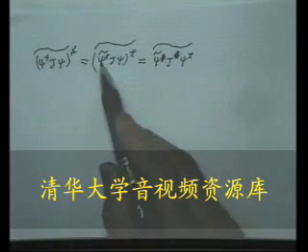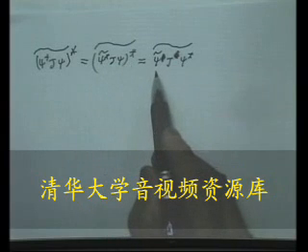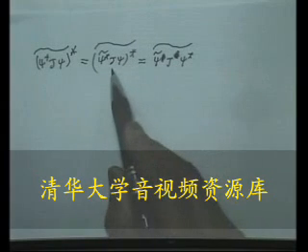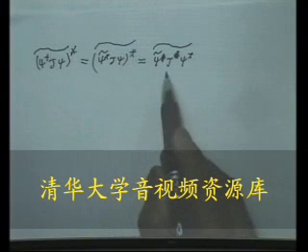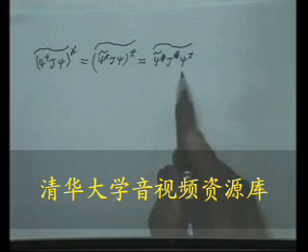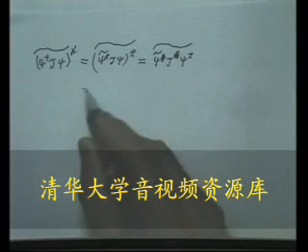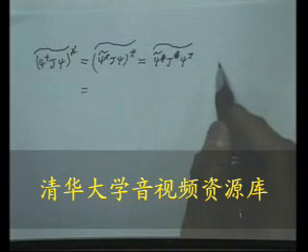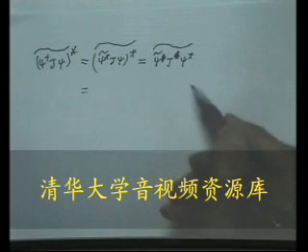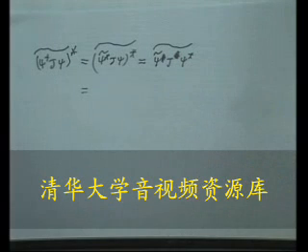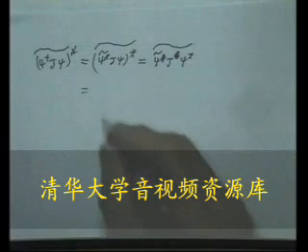Tilde is not changed. Psi star tilde starred, I just get psi tilde. J is real, so it's still J. This psi becomes psi star. But if I do this, the rule for the tilde is to tilde everyone and reverse the order, so I get psi.